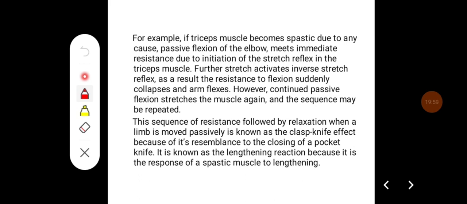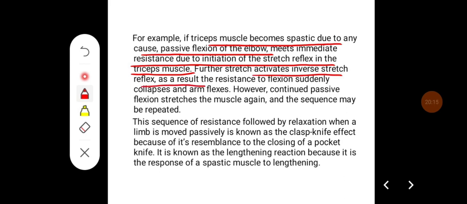For example, if triceps muscles become spastic due to any cause, passive flexion of the elbow meets immediate resistance due to the initiation of the stretch reflex in the triceps muscle. Further stretch activates the inverse stretch reflex. As a result, the resistance to flexion suddenly collapses and the arm flexes.